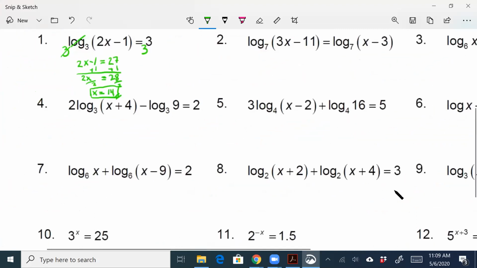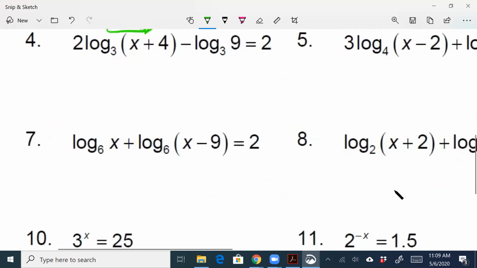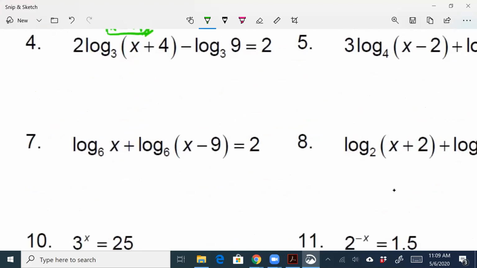So let's look at number 4. Number 4, we've got 2 log base 3 of x plus 4 minus log base 3 of 9 is equal to 2. And so we're going to use some of the properties of logarithms.